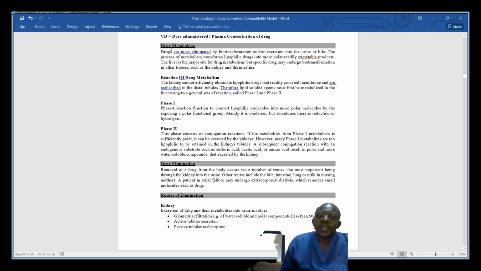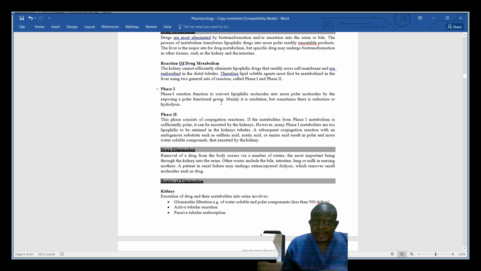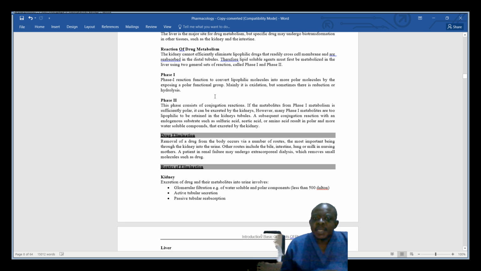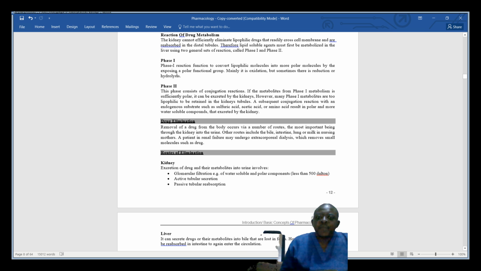Then we looked at drug metabolism. Drug metabolism is in two phases. Phase one is mostly the conversion of lipophilic molecules into polar molecules by exposing a polar functional group so that the drug can easily be excreted. Phase one involves oxidation, reduction, and hydrolysis.